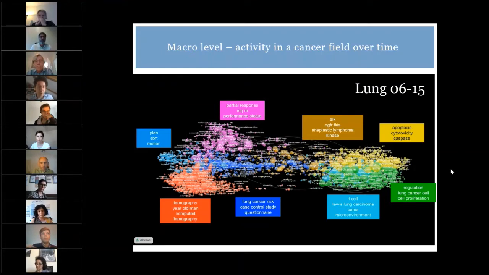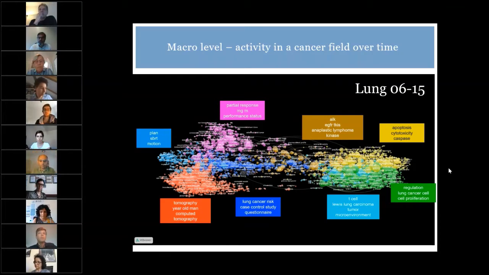The blue cluster, which is in the middle, is related to, broadly speaking, things associated with risks and risk factors for patients and so on. These are all becoming a bit more interconnected over time, but I think the key thing here is the growth in activity that we can see in this cancer field over the years.